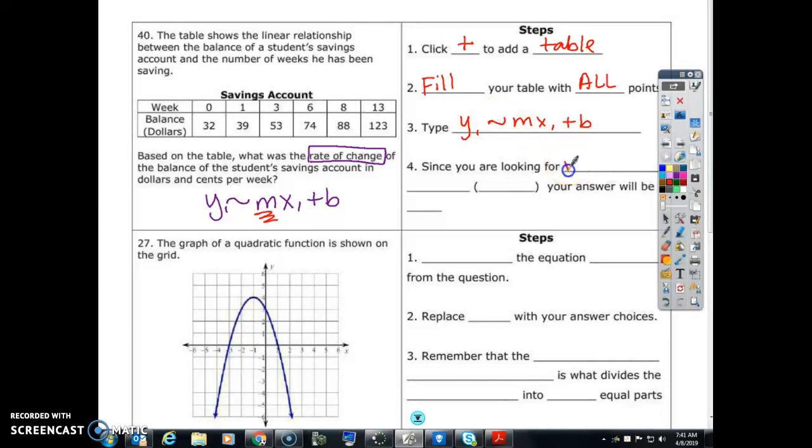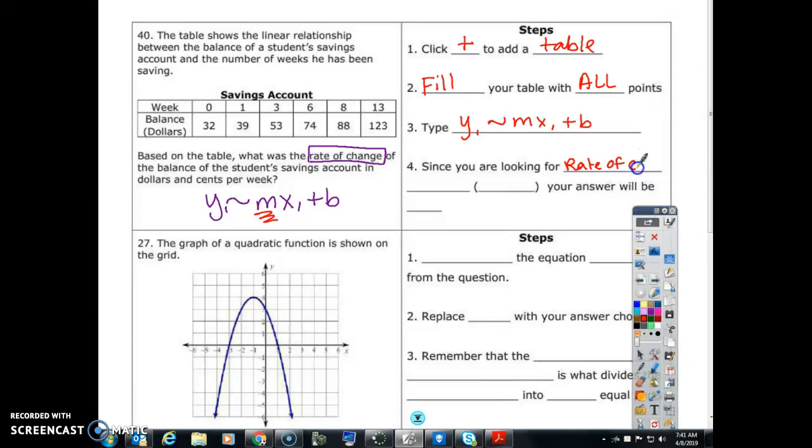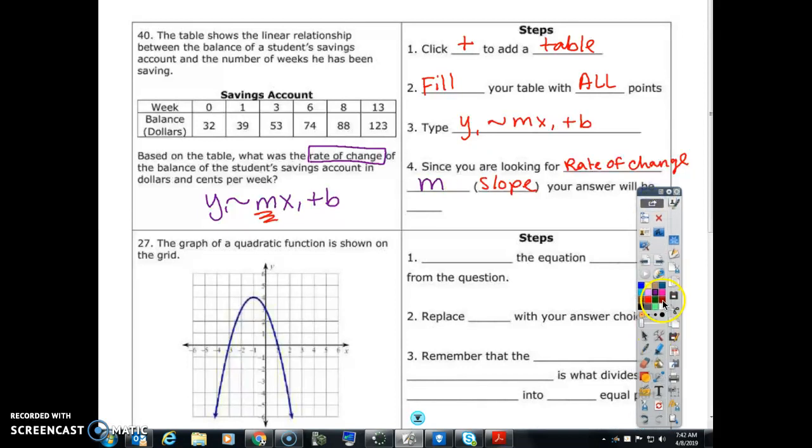And since you're looking for the rate of change, that's your slope, which is letter M. Then your answer will be something. So we need to find the answer.